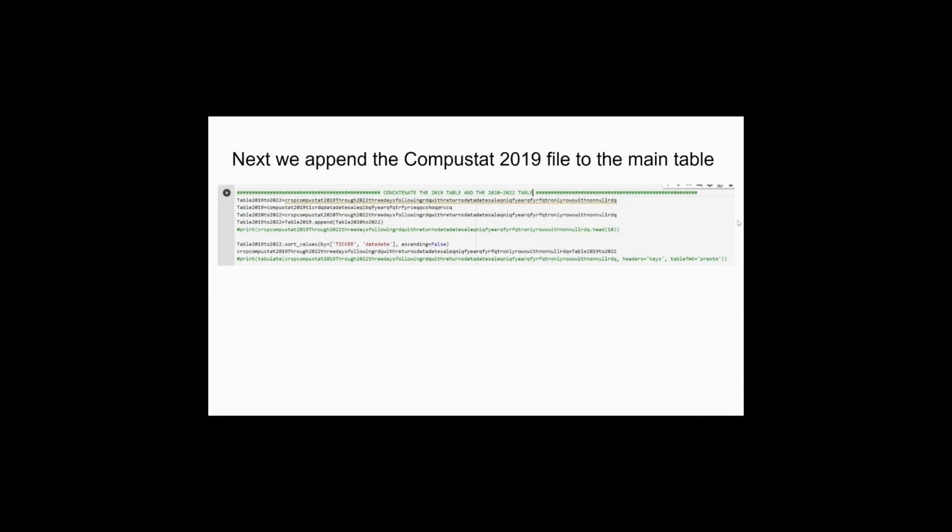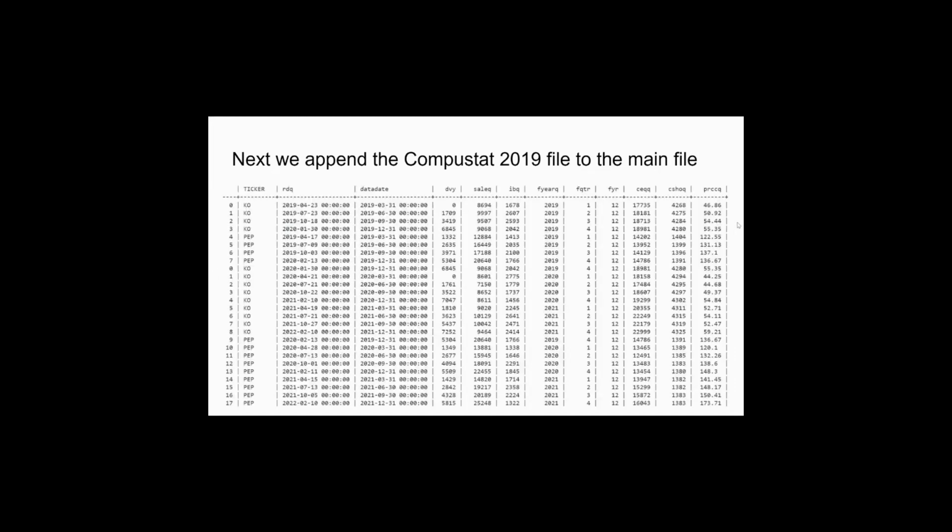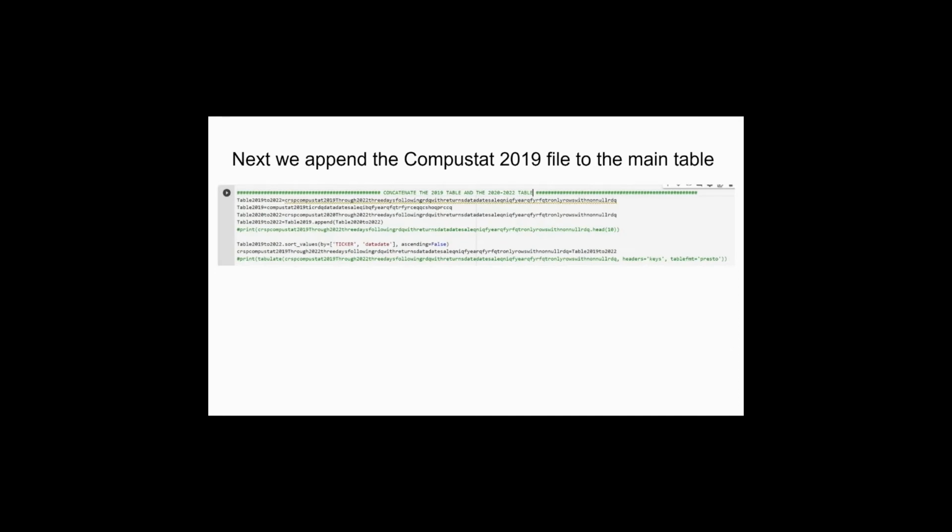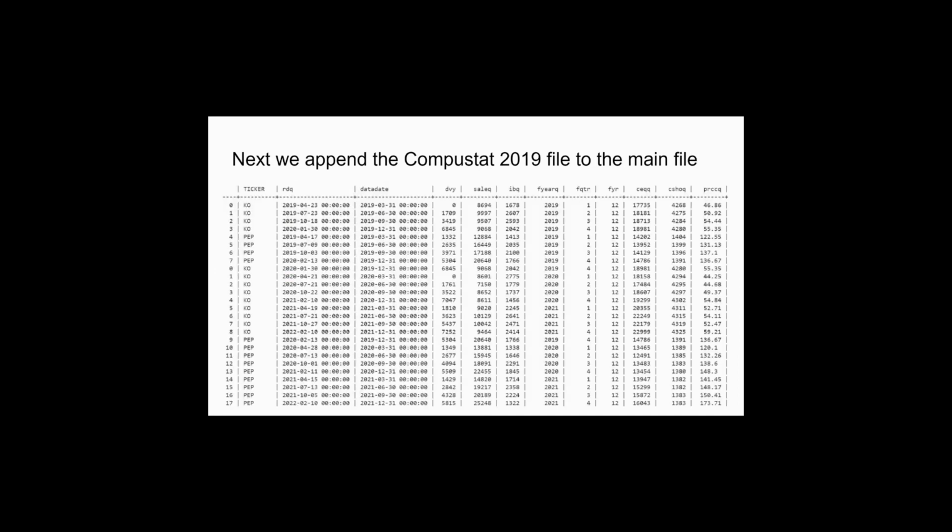Then I do table 2019 dot append table 2020 to 2022, and that gets us table 2019 to 2022. And as you can see, I then sort it by ticker and data date.